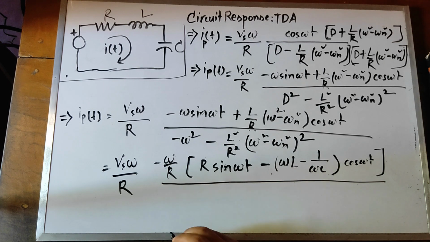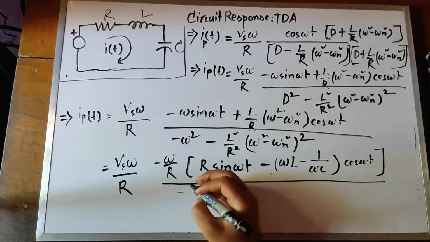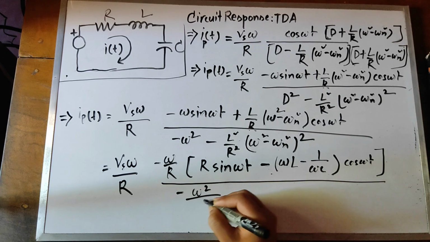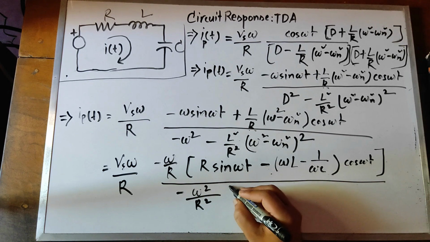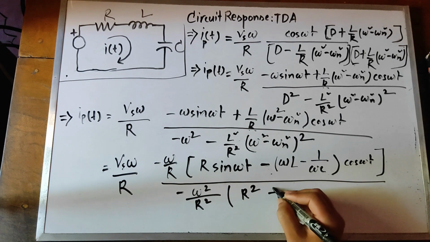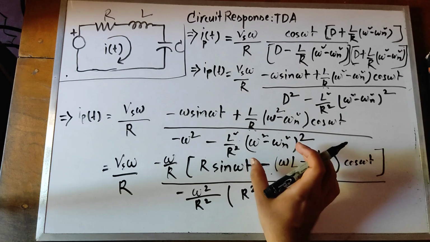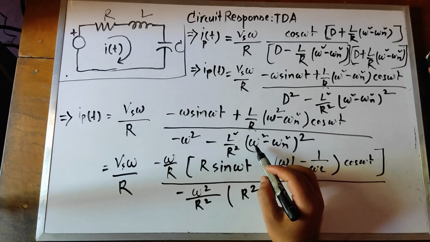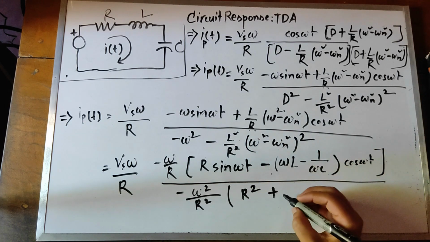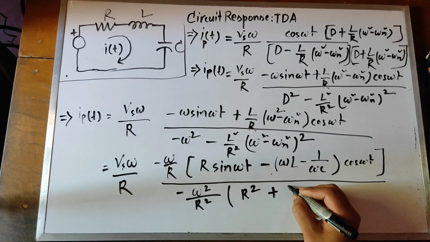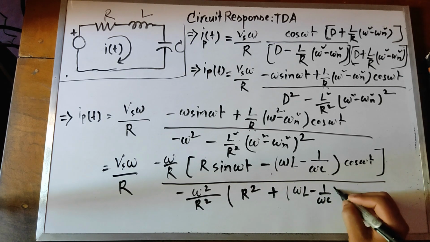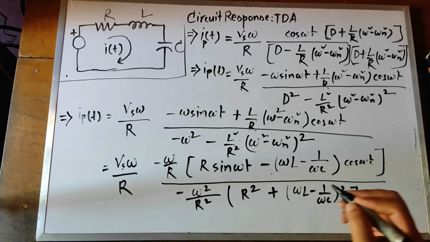In the denominator also we can do this. So here is minus omega square by r square. If I take it common, it will eventually give me r squared plus, and here also I will take omega by L common from this term, so it will give me omega L minus 1 by omega c whole squared.